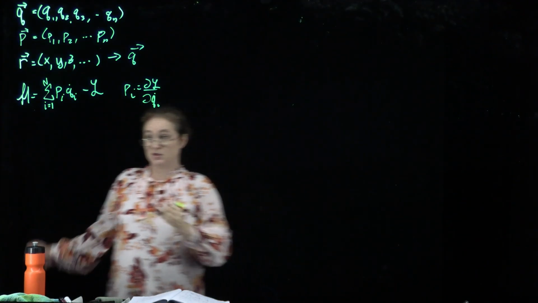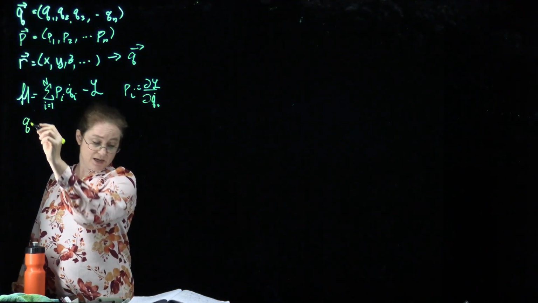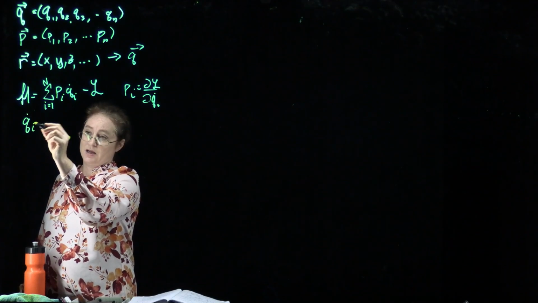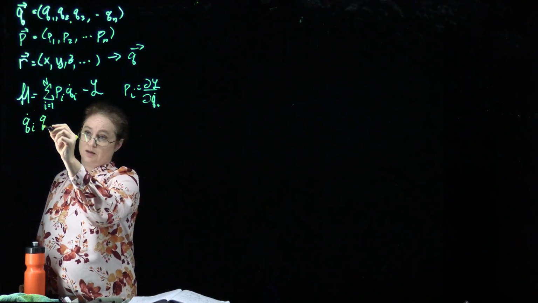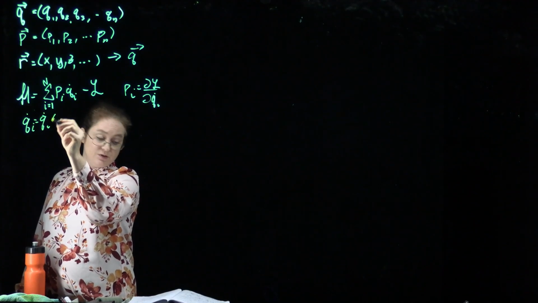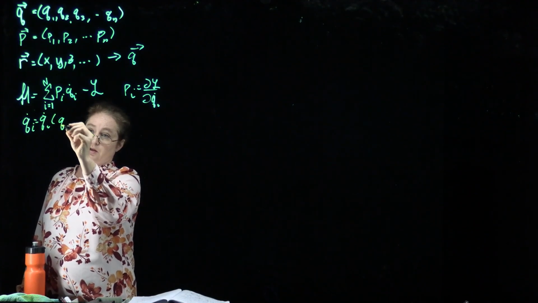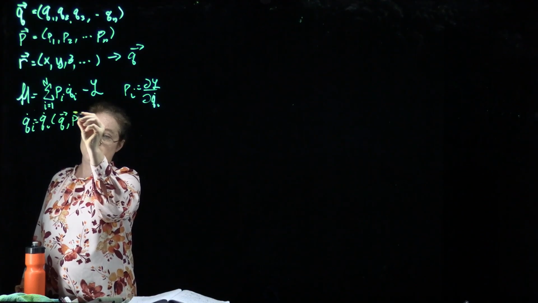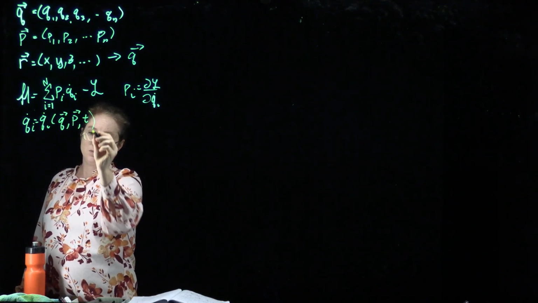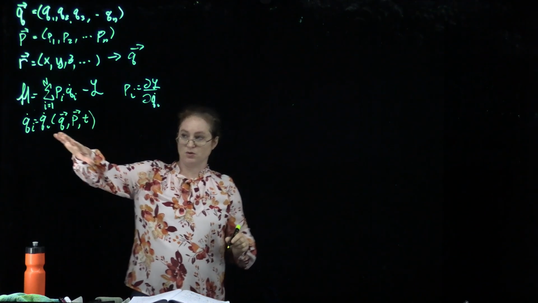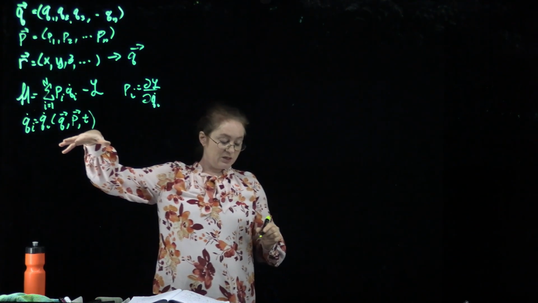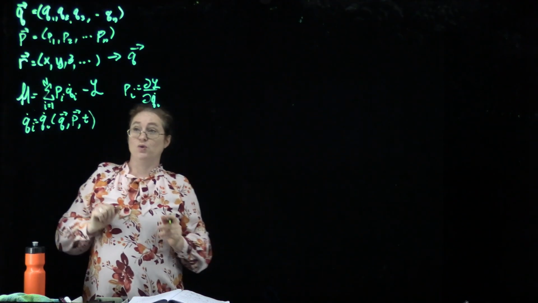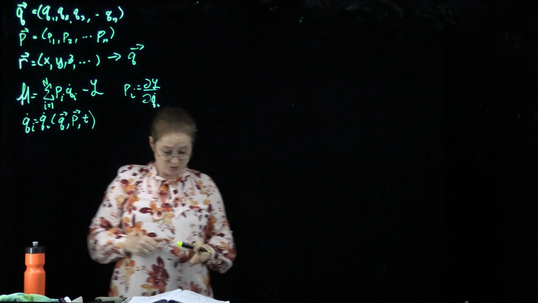And we can, in principle, solve these so that we get the q_i dot as a function of the q's, the p's, and time. So this would allow us to eliminate the q_i dot from our Hamiltonian equation.